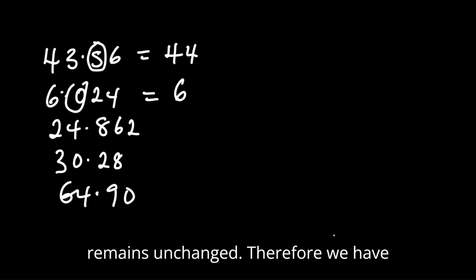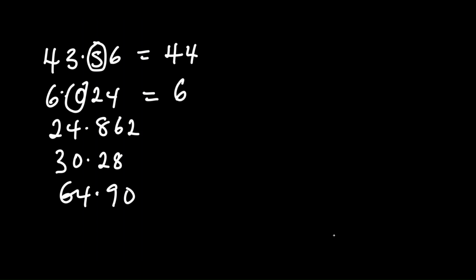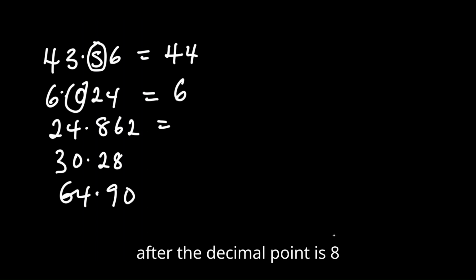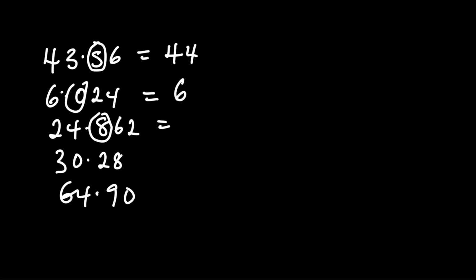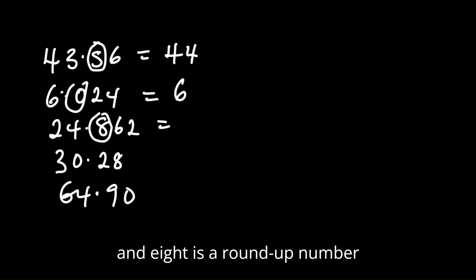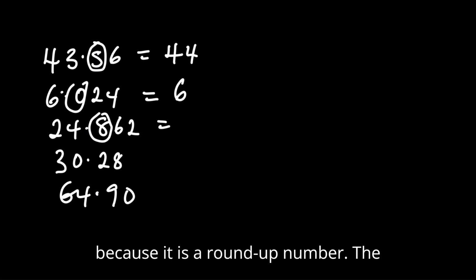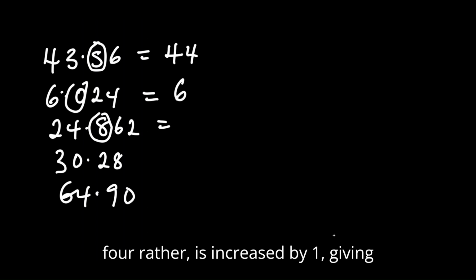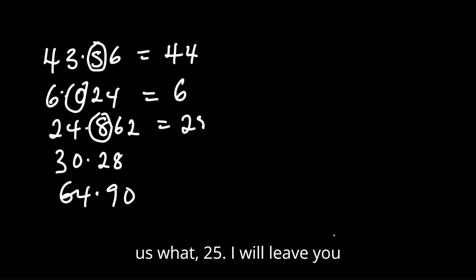Therefore, we have 6 as our answer. In this case, the number immediately after the decimal point is 8, and 8 is a round up number. Because 8 is a round up number, the preceding number, which is 4 rather, is increased by 1, giving us what? 25. I will leave you to do these remaining two.